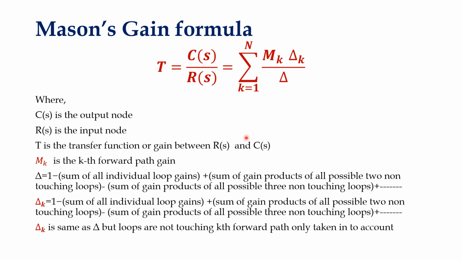And how to find out delta k? Delta k is the same as delta, but only the loops that are not touching the kth forward path are taken into account. These are about Mason's gain formula.